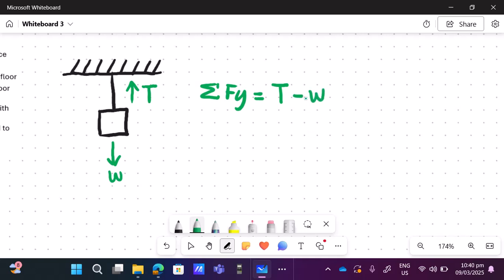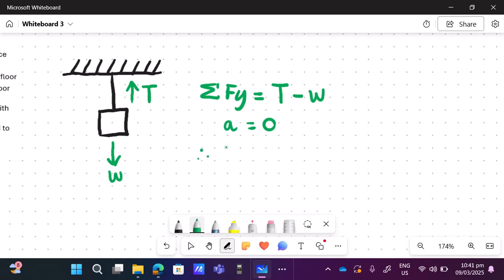Now, since the object is not moving, we have zero acceleration. Acceleration is basically zero because it is not moving. It is just hanging from the ceiling. So acceleration is zero.